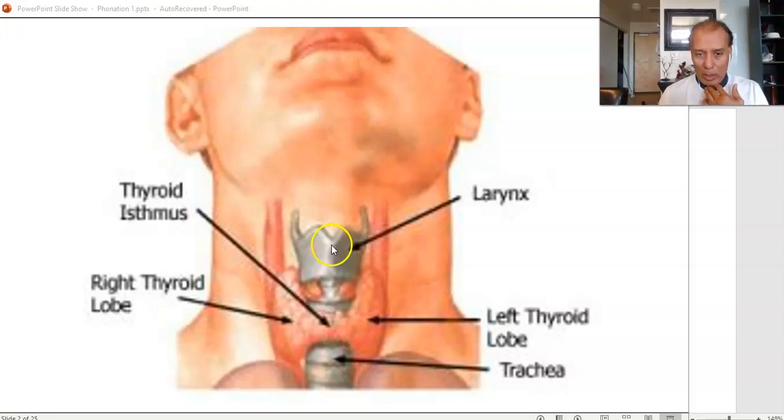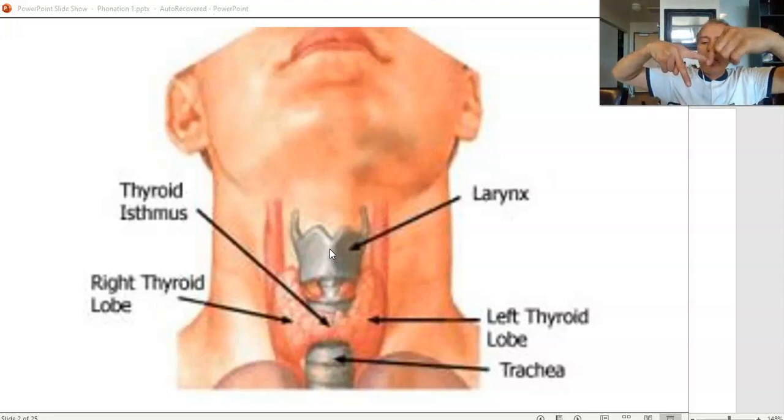So right beneath the thyroid notch, that V notch, the vocal folds originate, and they go posteriorly, and they attach to two cartilages. One will be attaching here and one here, and when the two cartilages are swung together, they close the vocal folds and hold them.